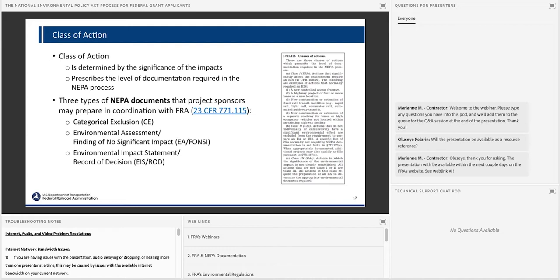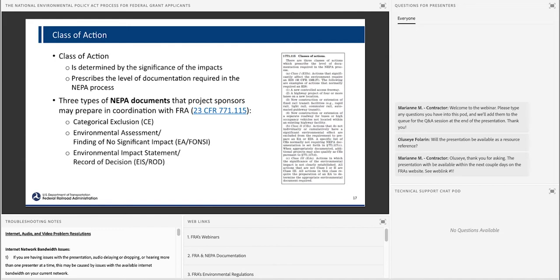the level of documentation. So there are 3 types of NEPA documents that project sponsors will prepare in cooperation with us here at FRA. Again, here's a citation where you can get more detailed information and read in our regulations about these 3 types of classes of action. The first is categorical exclusion, or a CE.